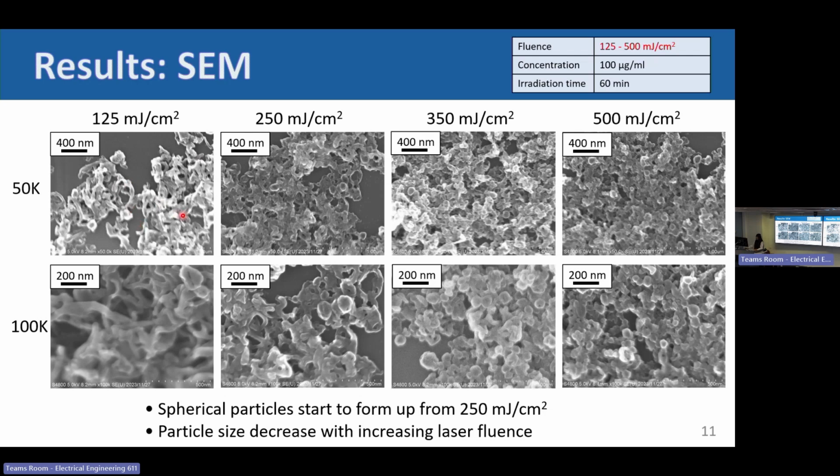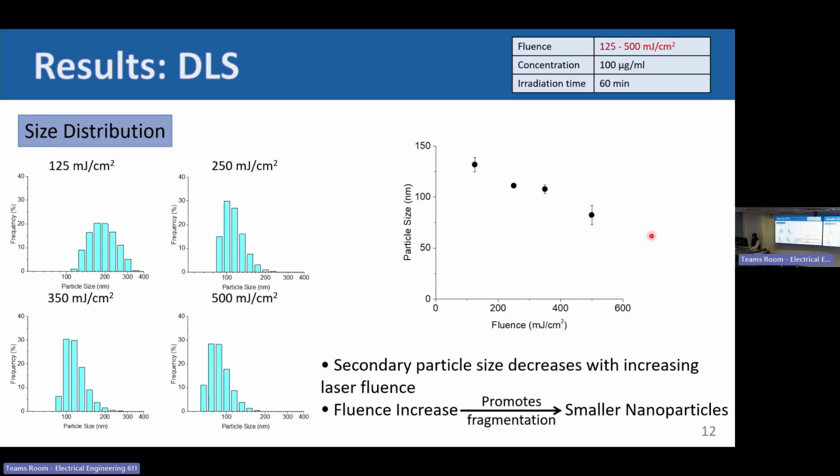And as the fluence increased to 250, the large particles almost disappeared, and as the fluence increased, the particle size also decreased. And next is the size distribution.